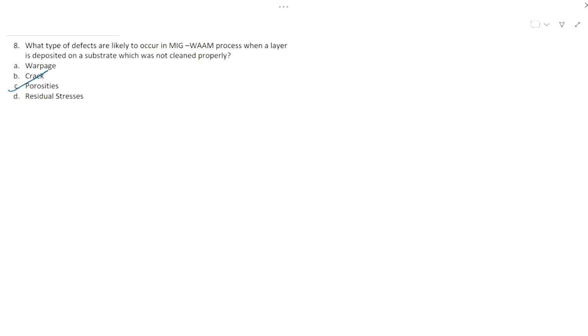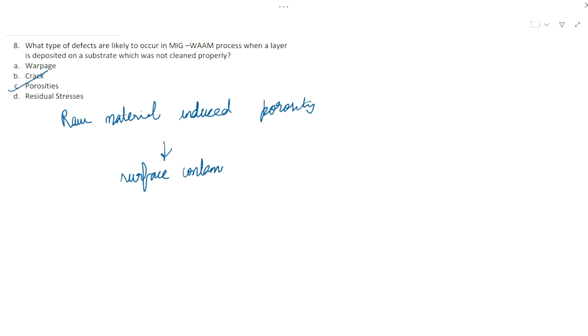Porosities means it will have low mechanical properties and fatigue life. So raw material induced porosity happens due to surface contamination.